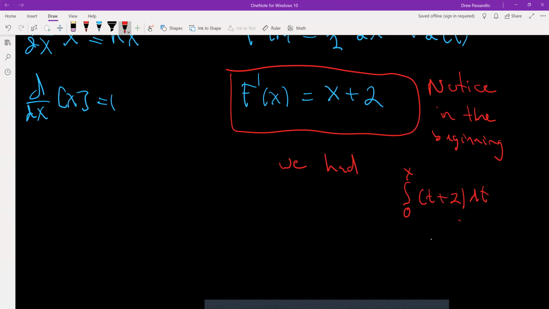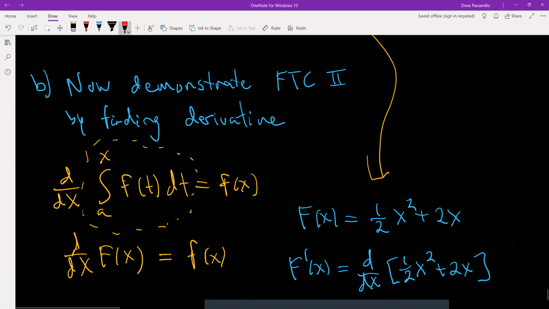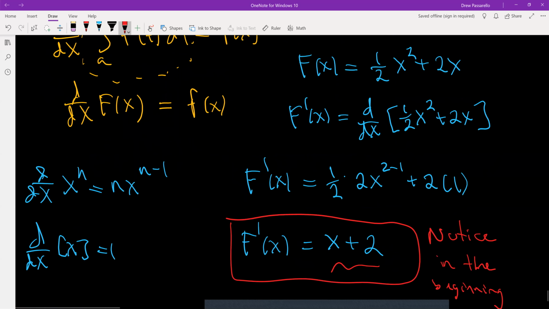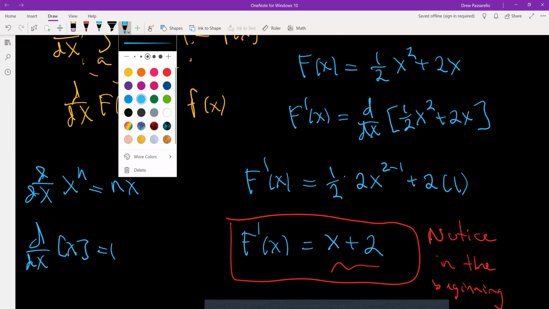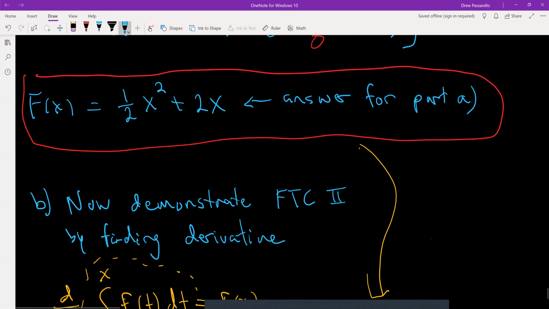So this portion is the same function, it's just a variable change. So we've demonstrated that we get x plus 2, which is really the same function, t plus 2, with a variable change. And that's really what we're doing here for these examples.